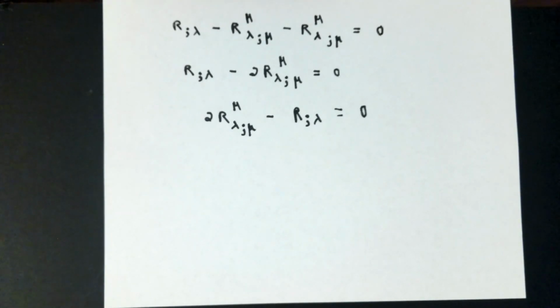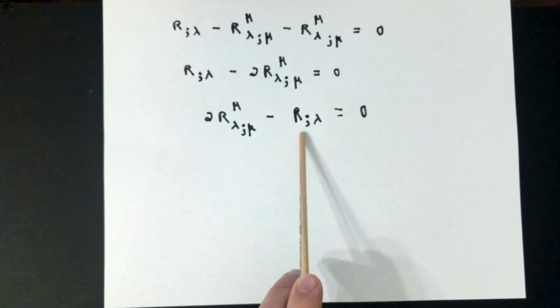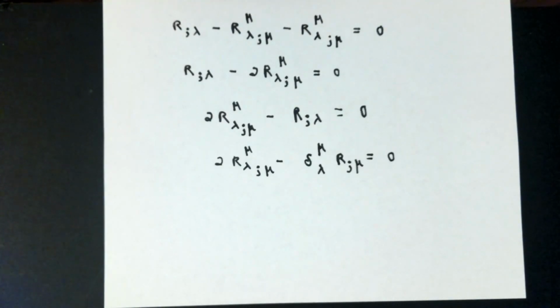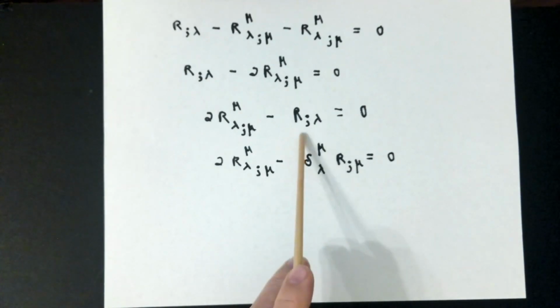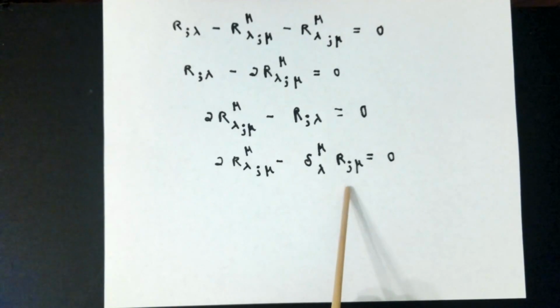I want to imagine having a sum where there is an index of summation mu here, and yet the only time that I get an interesting term is when mu is equal to lambda. In the second term, the only time you get a non-zero contribution is when mu is equal to lambda, and in that case, the sum works out to be R semicolon lambda. So we will write things this way.